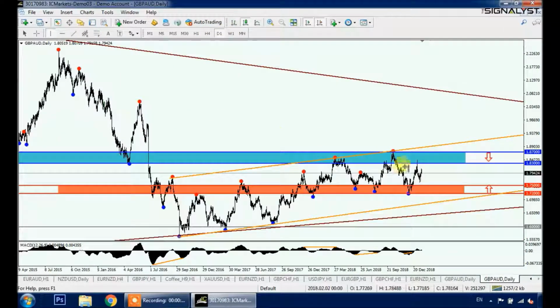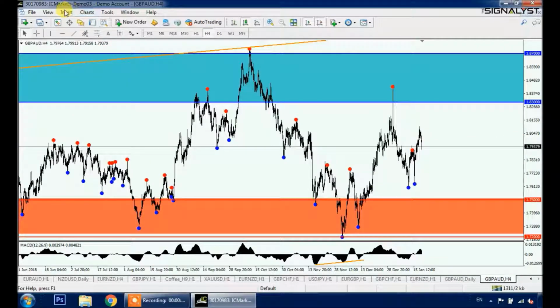First of all, we will be looking for long entries around here. This zone is already found using those dots, 1, 2, 3, 4. So we can look for entries around this one, which is here. Here we have a head and shoulders pattern, as you can see.